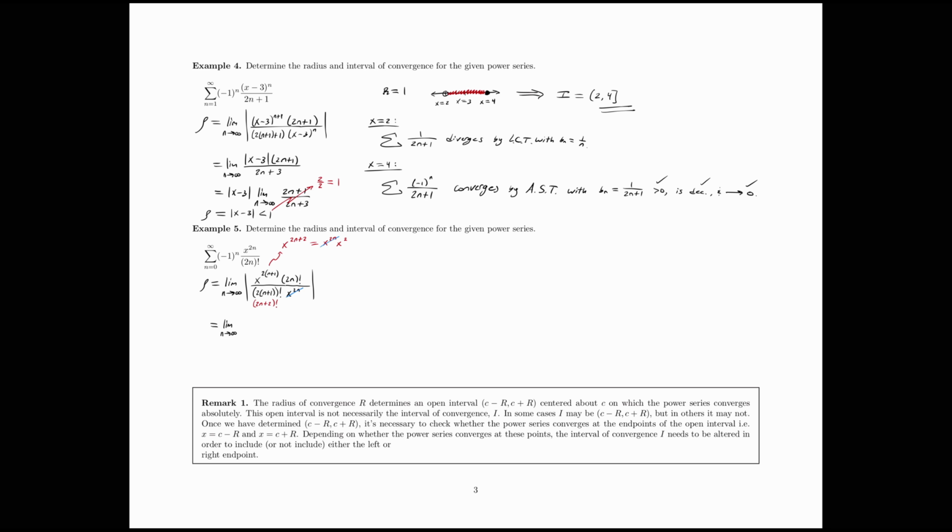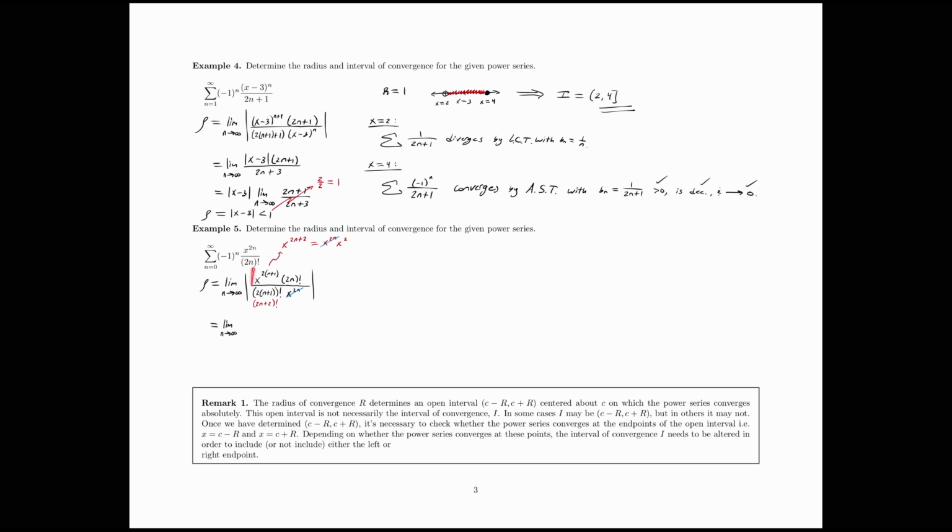This absolute value doesn't do anything to the factorial terms because it's just a product of positive numbers, which is positive. Normally, the absolute value will stay and linger on the x term. But because this is being squared, even if x itself is negative, it becomes positive.